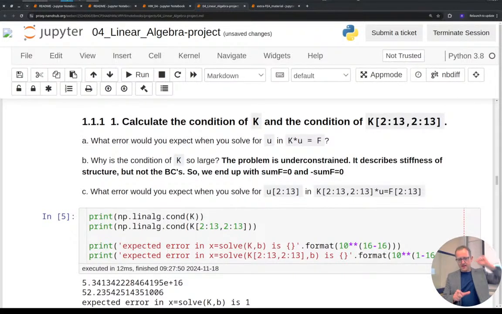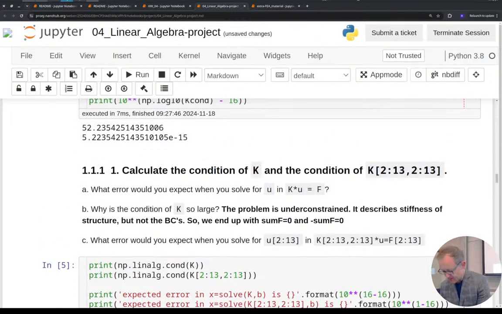So we were having a nice conversation about what the difference between this condition number and that condition number is, and why it's a 10 to the 15 or 10 to the 16 factor difference. It goes from 50 to like 53 quadrillion or something.